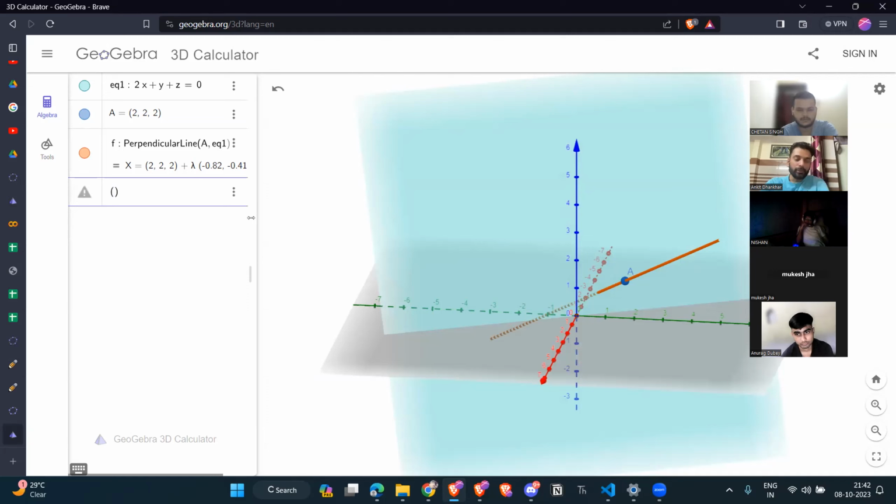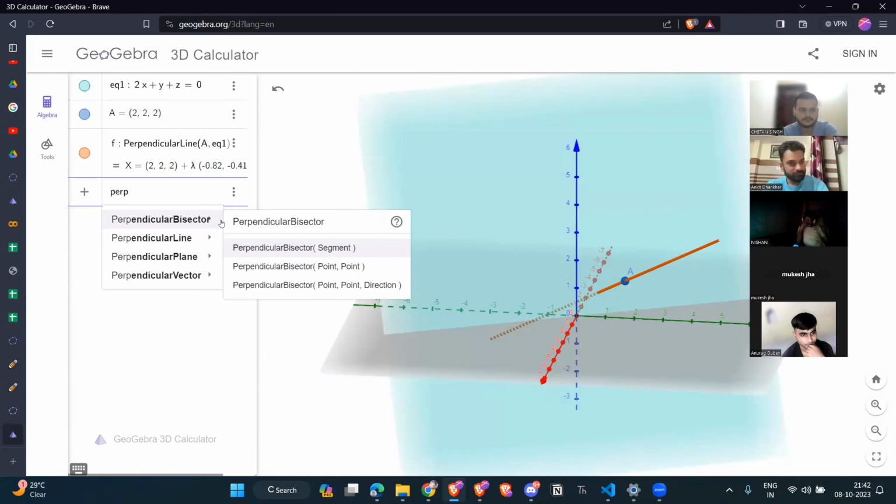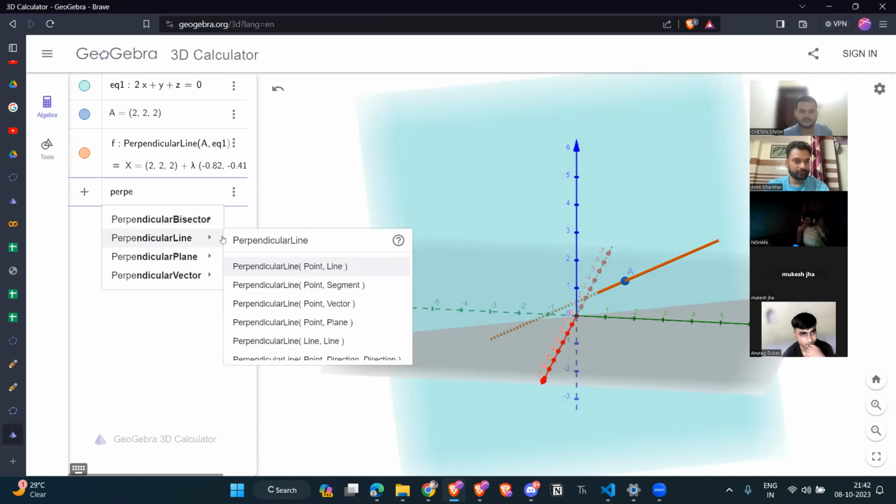You can just put a perpendicular line to the plane.